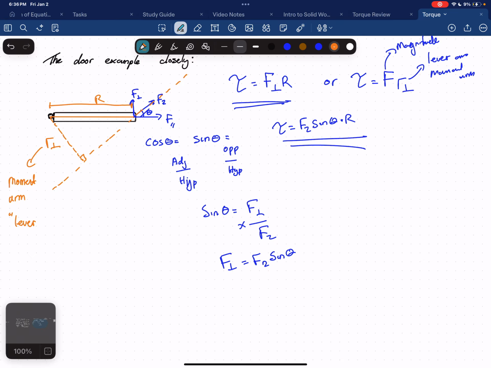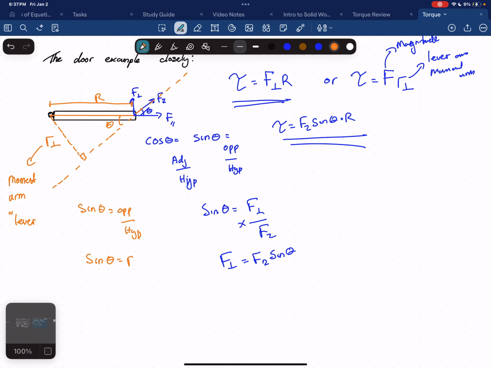And then how would you get this moment arm value? Well, geometry tells us this is theta. If I get my cosines and sines, I believe it's a sine. This one's sine. I know I'm guessing, but we'll see. Opposite over hypotenuse. So my sine theta is going to be equal to my opposite, r perpendicular, over r.